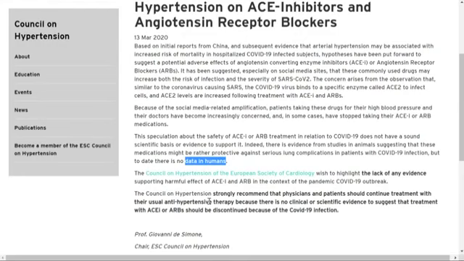The Council on Hypertension for the European Society of Cardiology wished to highlight the lack of any evidence supporting harmful effects of ACE inhibitors and ARBs in the context of the COVID-19 outbreak. They strongly recommend that physicians and patients should continue treatment with their usual antihypertensive therapy because there is no clinical or scientific evidence to suggest that treatment with ACE inhibitors or ARBs should be discontinued because of the COVID-19 infection.